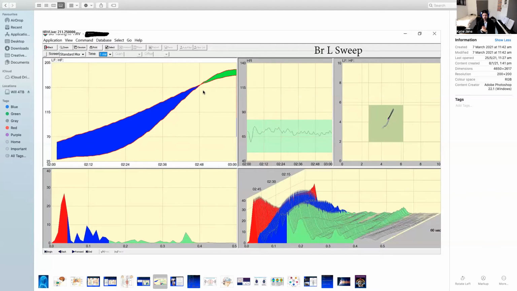The sound sweep sounds like this, and it moves between 50 hertz and 200 hertz and back and forth, but a lot slower than that. So we are actually resonating our nervous system to homeostasis with a sound wave.